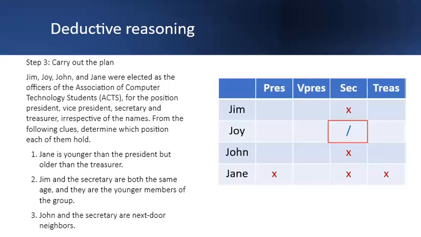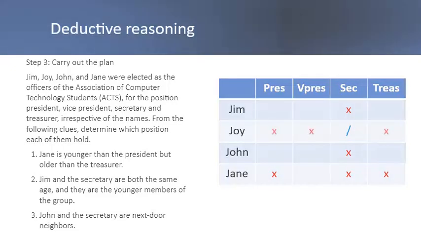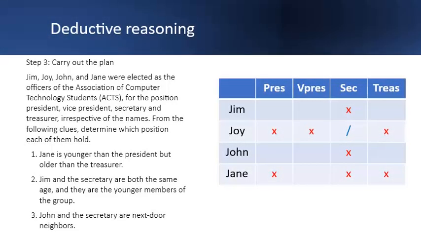Hence, the secretary is Joy. If Joy is the secretary, she cannot be the president, the vice president, and the treasurer. Looking at Jane's row, all other positions are crossed out except vice president. Hence, Jane must be the vice president.